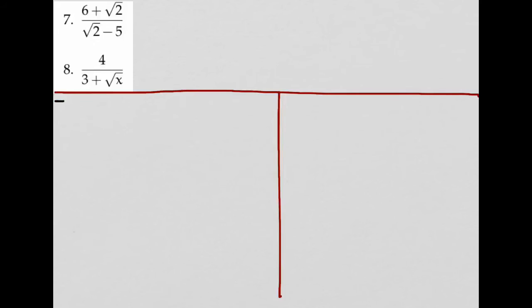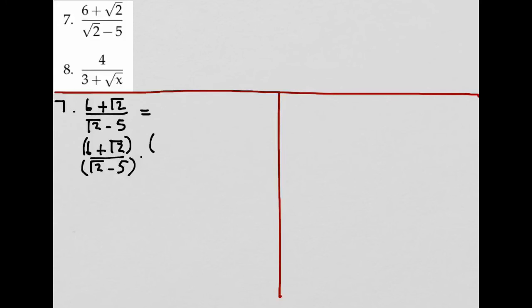So, 6 plus root 2 over root 2 minus 5 is equal to 6 plus root 2 over root 2 minus 5 times root 2 plus 5 over root 2 plus 5.